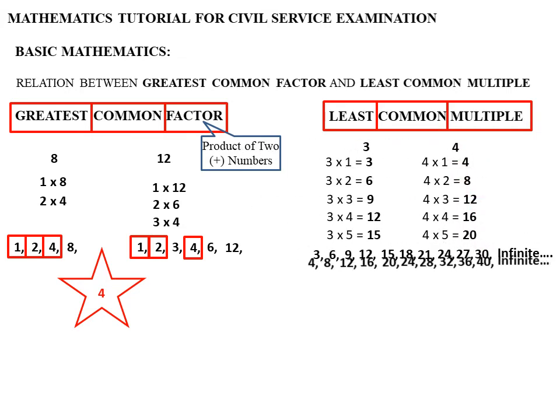So let's list down the multiples of 4: 4, 8, 12, 16, 20, 24, 28, 32, 36, 40, and also an infinite number more. Let's go to the second word, the common.